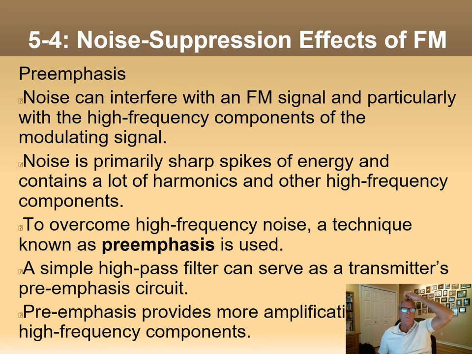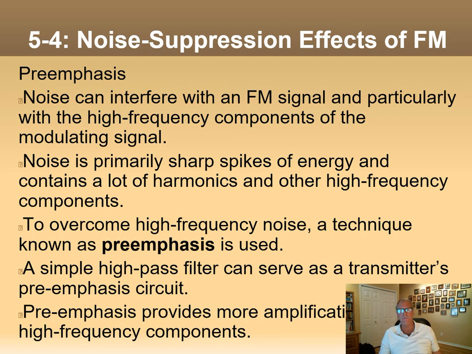So when noise does happen in FM, it normally affects the higher frequency components. So what we can do is emphasize those higher frequency components, or higher frequencies in the modulation frequency. And the easy way to do that is to put a high pass filter on the modulation signal.